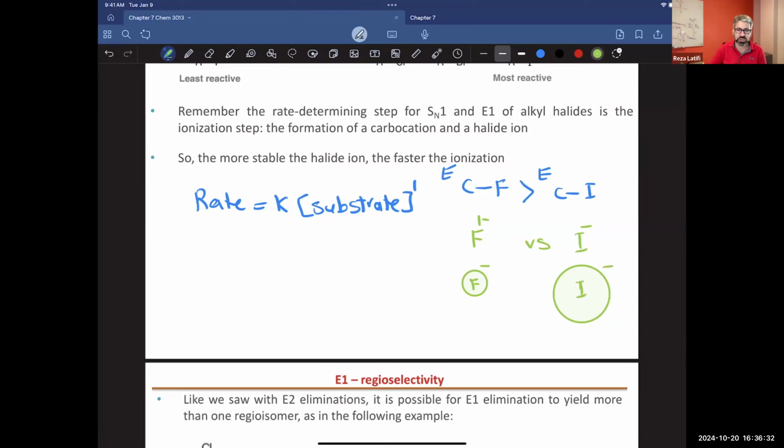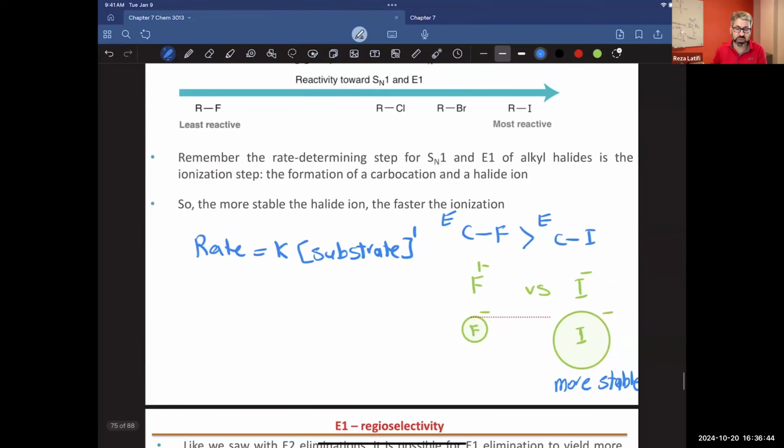Iodide is a bigger object, so it can easily accommodate that electron, and iodide will be more stable. So the leaving group by itself will affect the rate of the reaction. And if you can break the alkyl halide bond faster, your rate will go up.